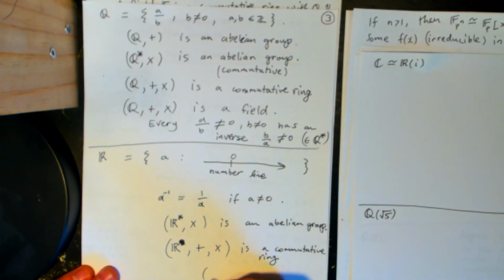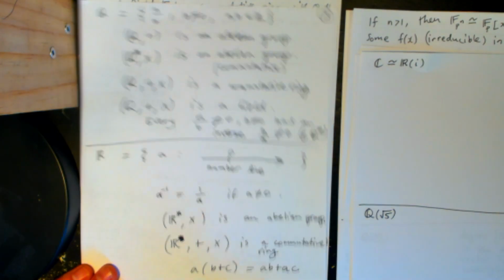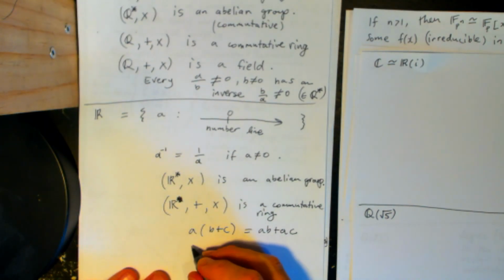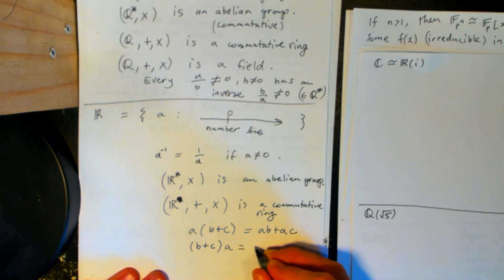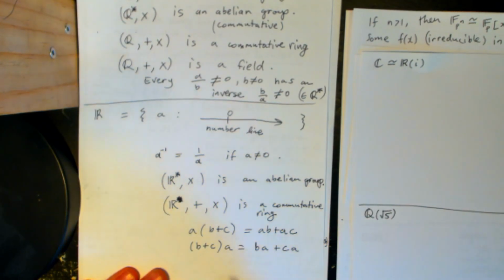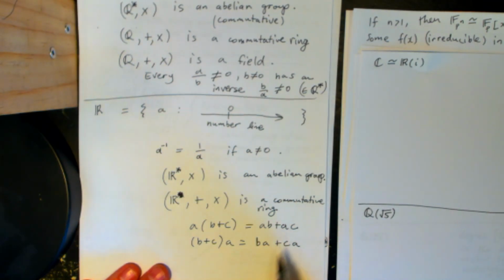Okay, we have A(B plus C) is equal to AB plus AC, where A, B, and C are real numbers, and the other way around also. And since multiplication is commutative, this is AB plus AC as well.